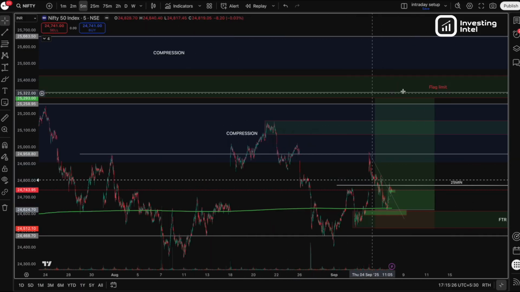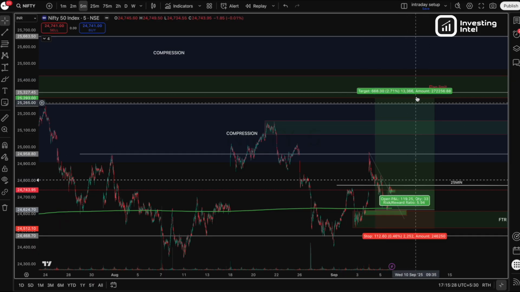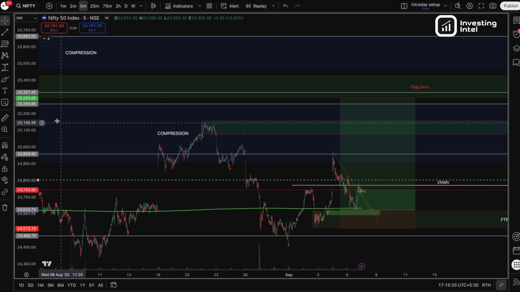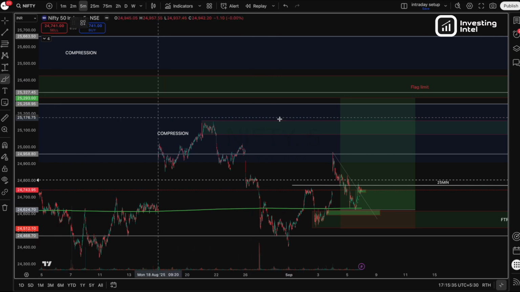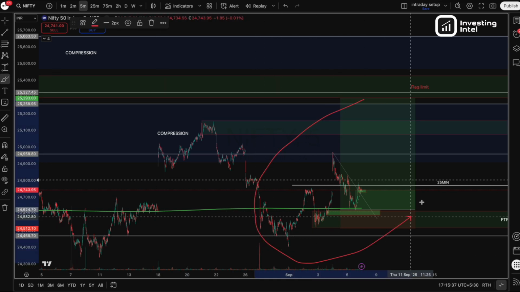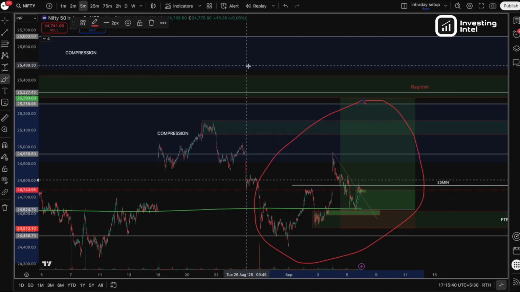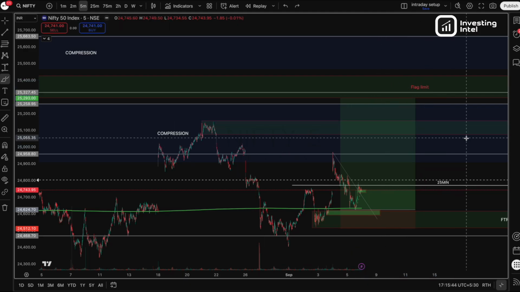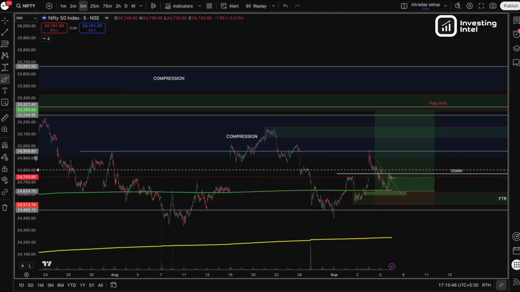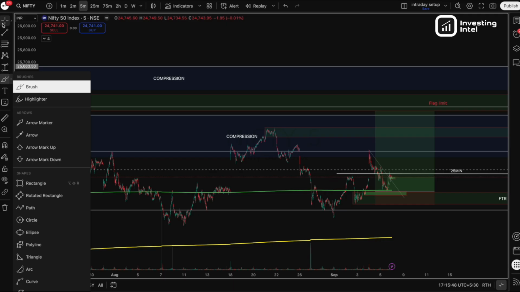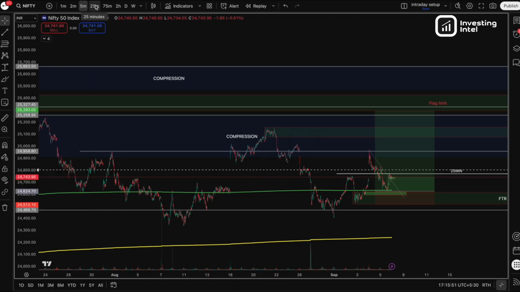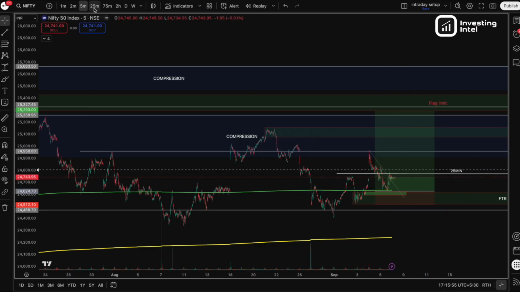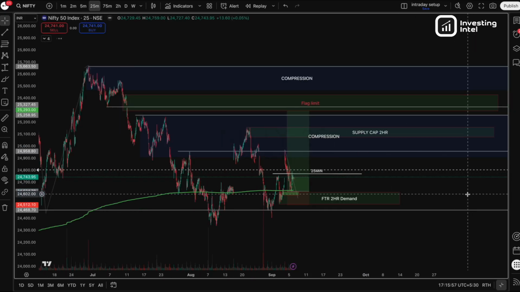Once price reaches this level, whatever move is going to happen in this zone will be the deciding factor for what I plan here. In the same way, plan if you're planning to trade. Just keep all that in mind.